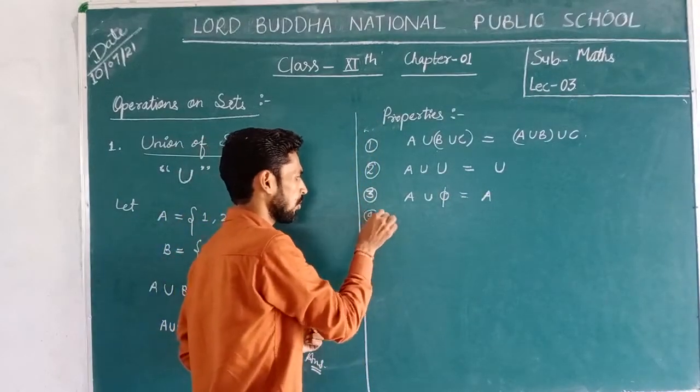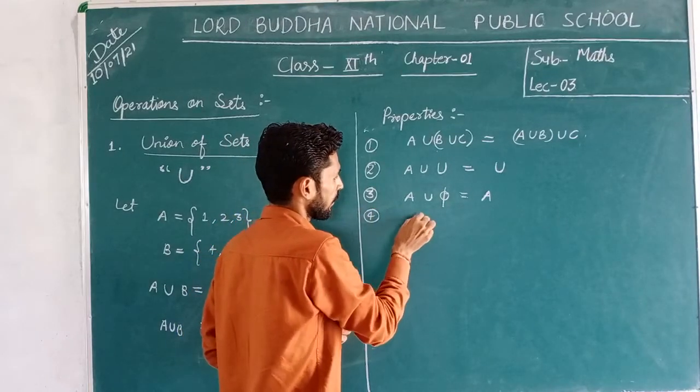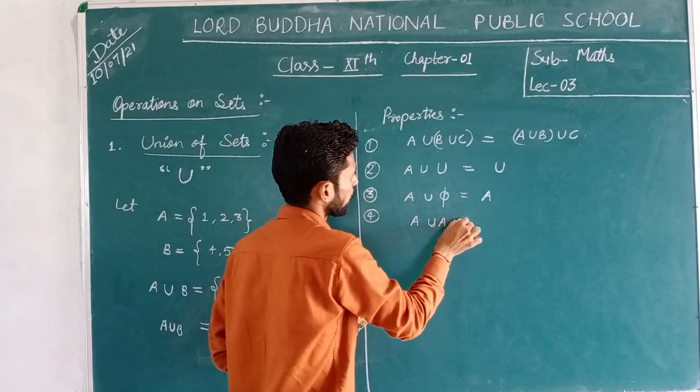And point number four of the properties is A union A equals A.